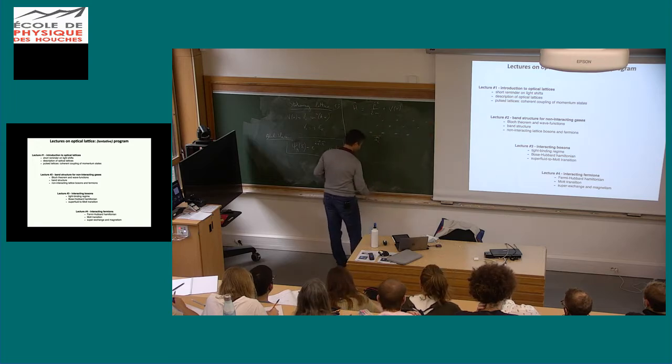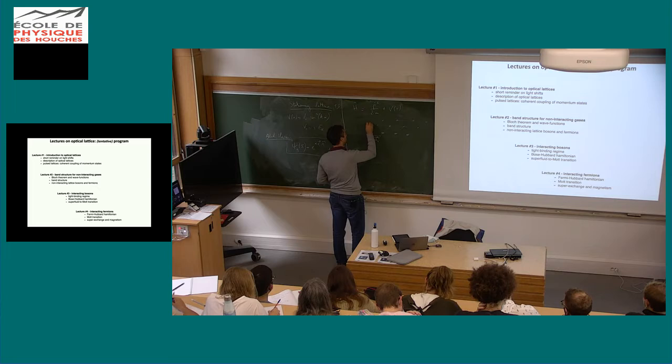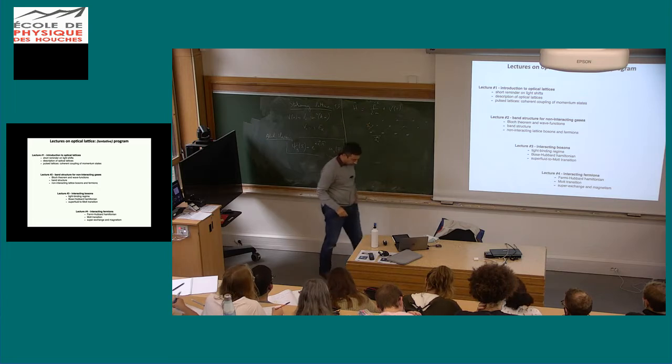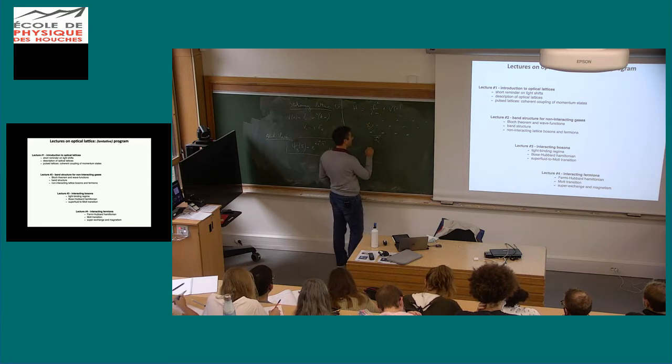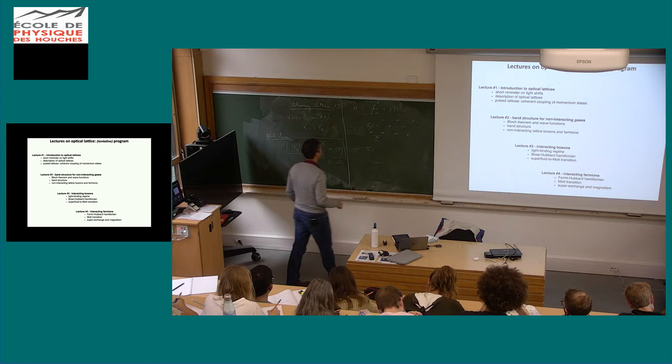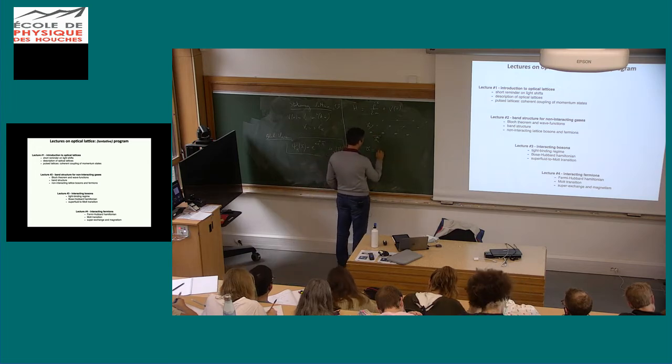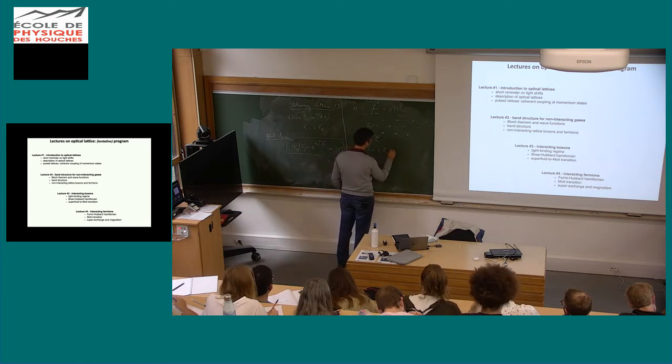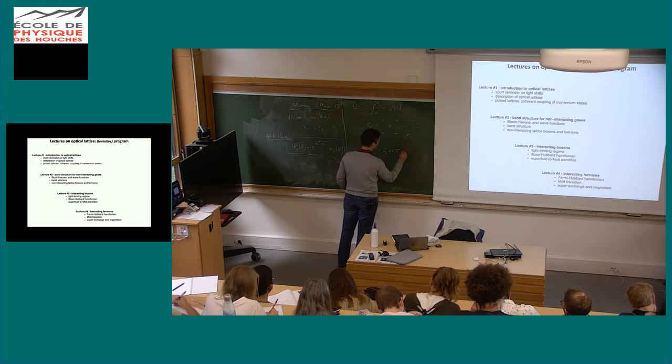If I have a 2D lattice, there is A2, and so on. Let me write a vector A, which is a composition of the elementary vectors of the lattice, N1 A1 plus N2 A2 plus N3 A3.